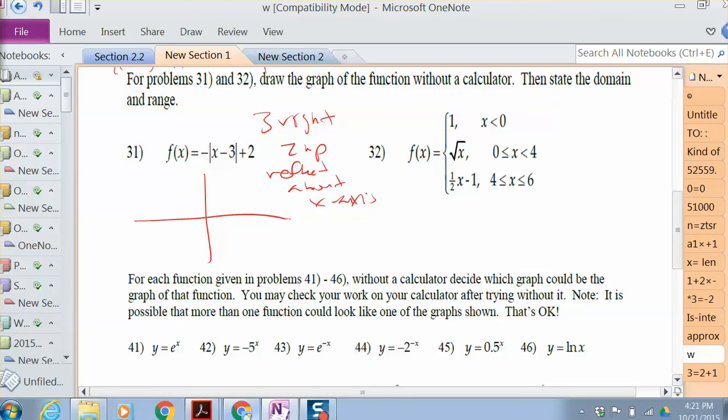And actually, to do this in the right order, 3 right, then reflect about the x-axis, basically follow the order of operations. What does x see first? You got to subtract the 3, that's 3 right. Then you do the absolute value. Then you do a negative afterwards, that's a reflect about the x-axis. Then add 2 is the last thing that happens, which is a shift of 2 up.